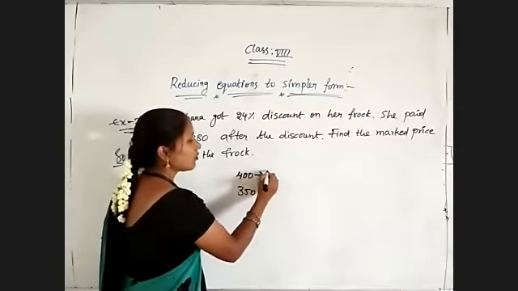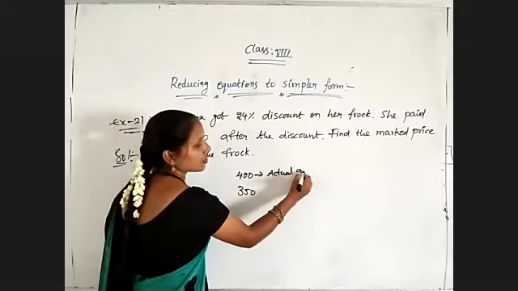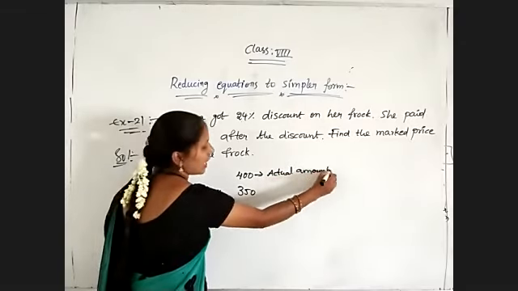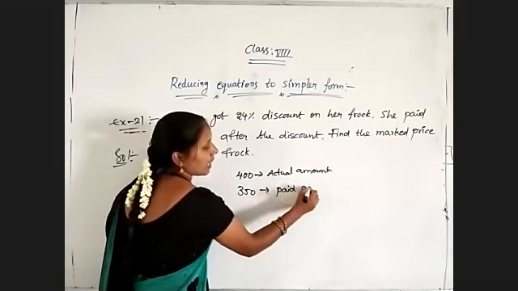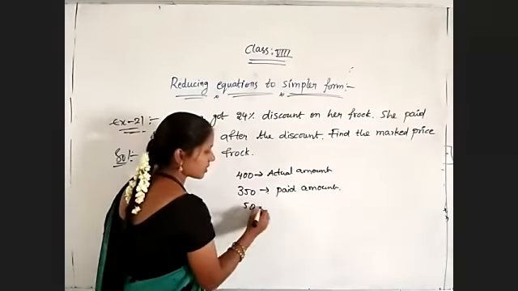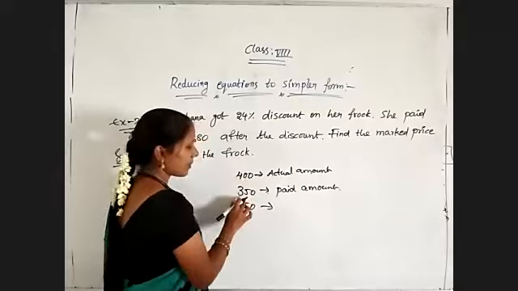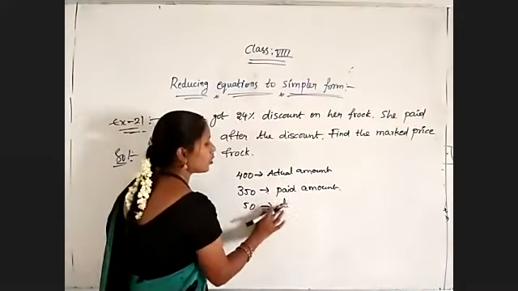So 400 is the actual amount, 350 is the paid amount, and how much is reduced? 400 minus 350, 50 rupees is the reduced amount.